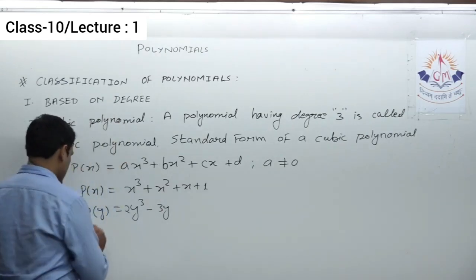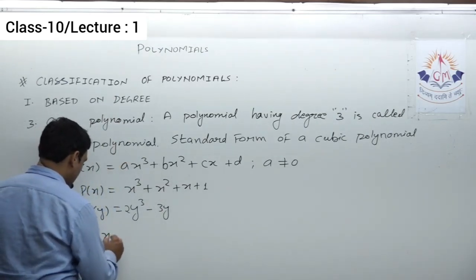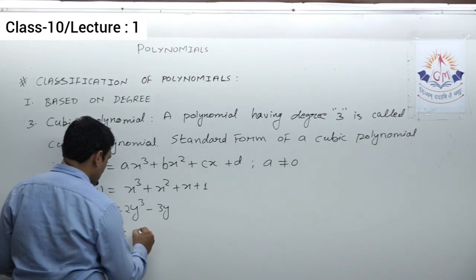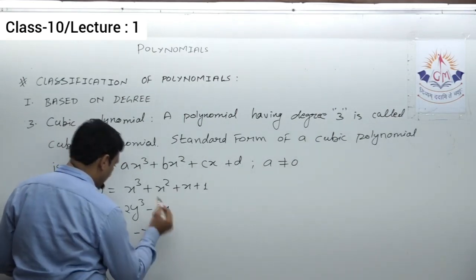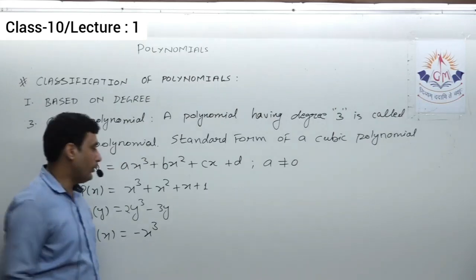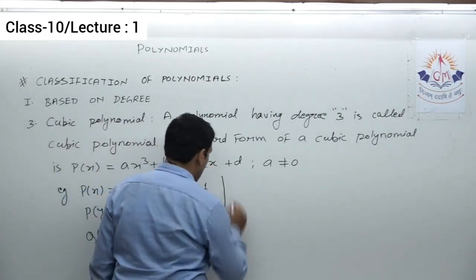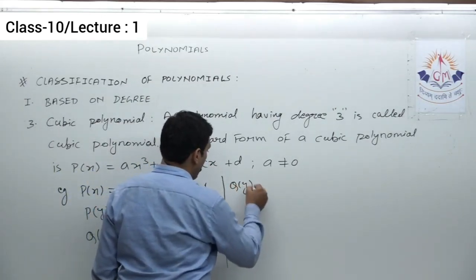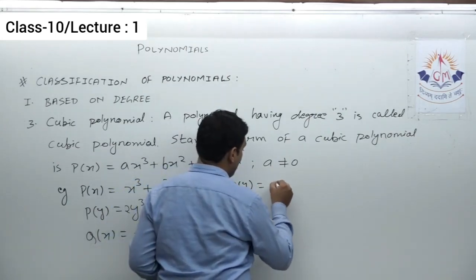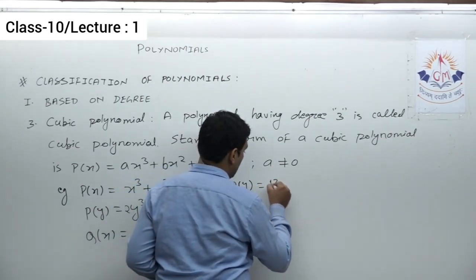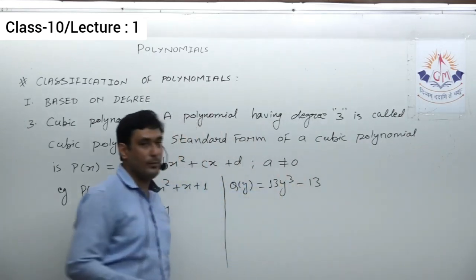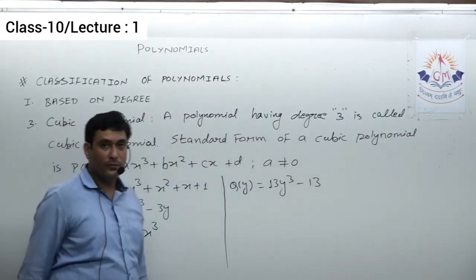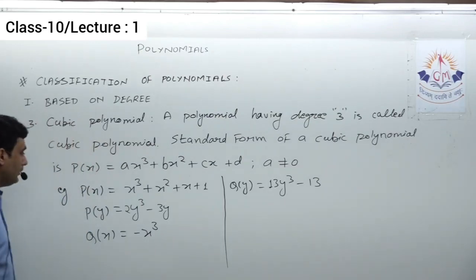That is the only condition. q(x) = -x³, if I write only this, it is again a cubic polynomial. Okay, q(y) = 13y³ - 13, this is again a cubic polynomial. So these are the examples of cubic polynomials. So please note it down, then we will see next.